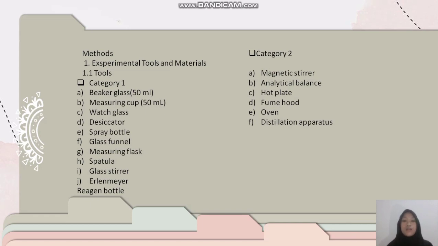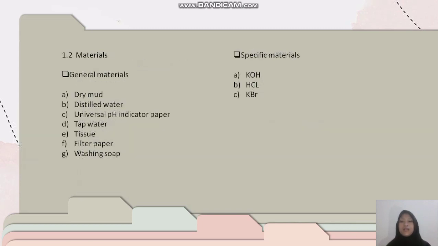Category 2: magnetic stirrer, analytical balance, hot plate, fume hood, oven, desiccator apparatus. Materials, general materials: dry mud, distilled water, universal pH indicator paper, tap water, tissue, filter paper, washing soap. Specific materials: KOH, HCl, KBr.